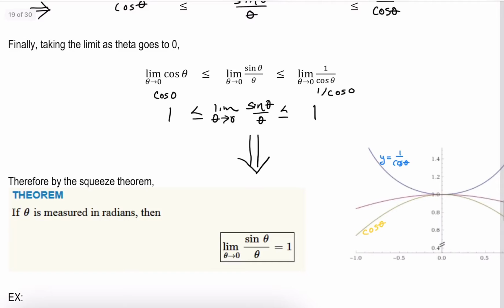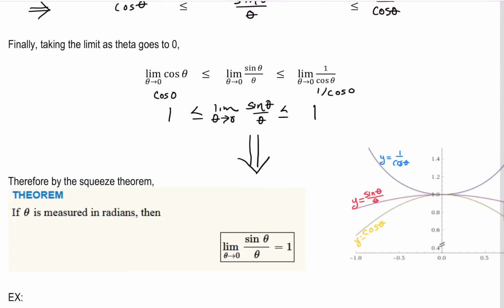The function being squeezed in the middle is your sine theta over theta function. All right, so this is one you're going to want to have memorized. Once we've proved it, you want to be able to use it.